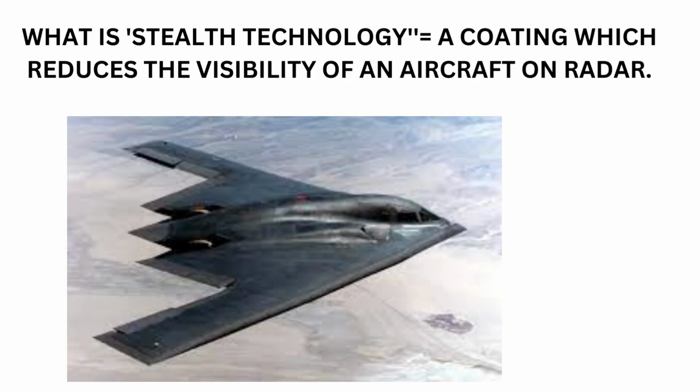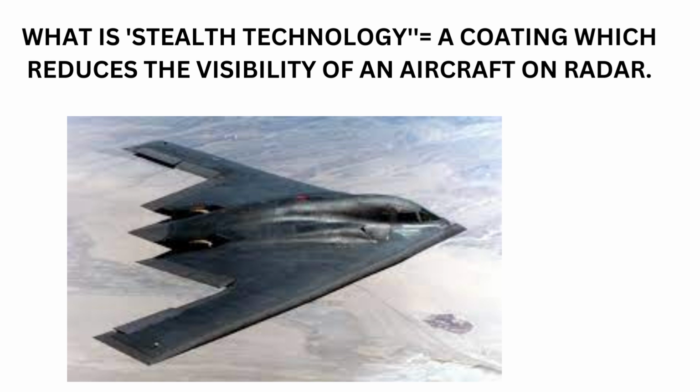And what is stealth technology? So stealth technology is a coating which reduces the visibility of an aircraft on radar. And stealth technology is commonly used nowadays in Israel and many other developed countries, and basically they have a camouflage-like technique to confuse, to fool the enemy.